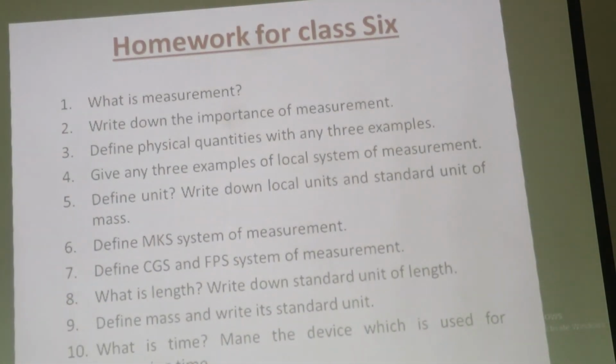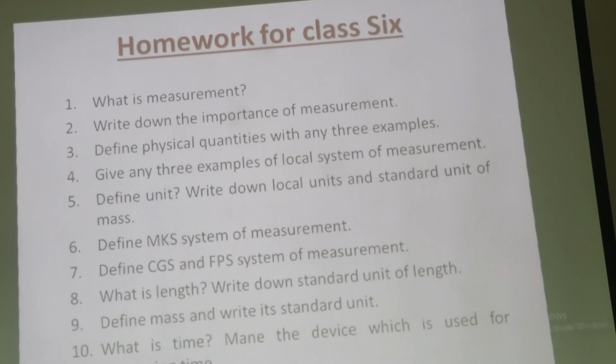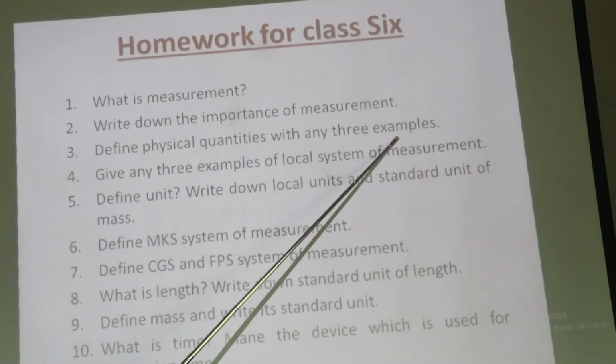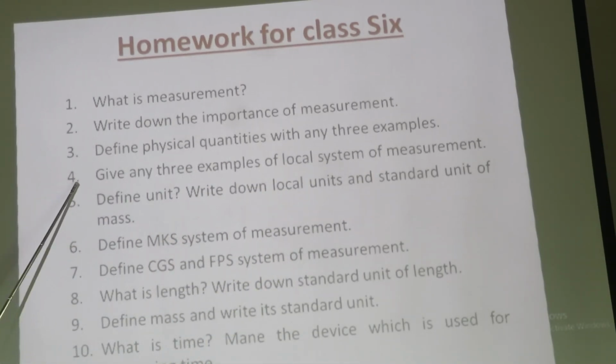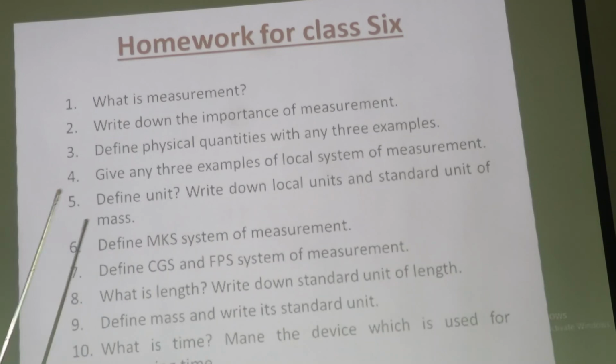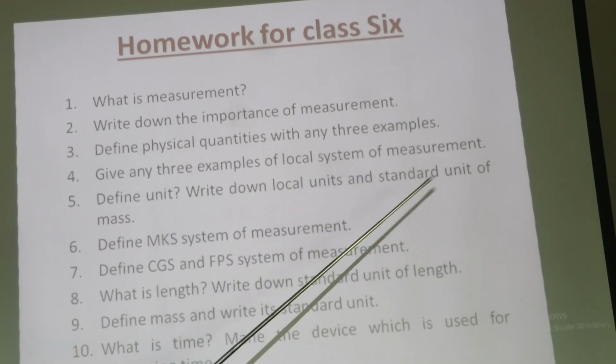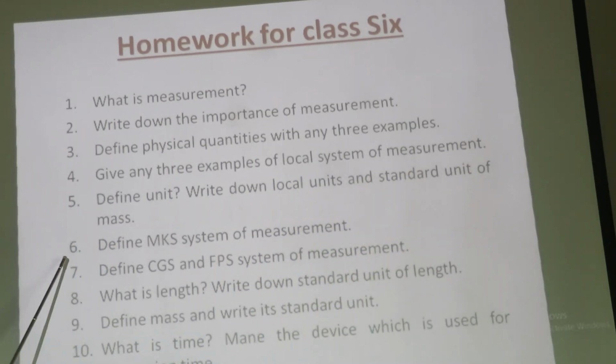Now I am going to give you the homework. Number 1, what is measurement? Number 2, write down the importance of measurement. Number 3, define physical quantities with any 3 examples. Number 4, give any 3 examples of local systems of measurement. Number 5, define unit. Write down local units and the standard unit of mass. Number 6, define the MKS system of measurement.